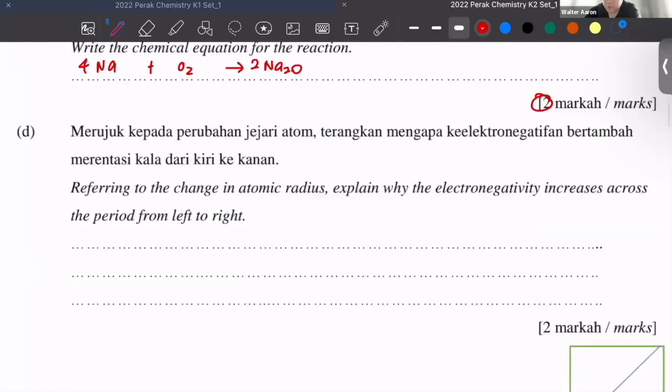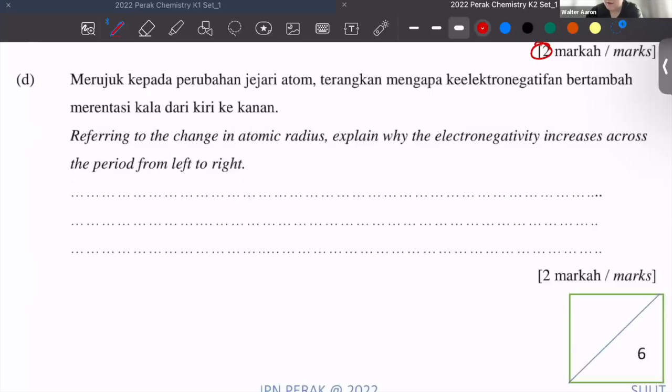All right, D, referring to the change in the atomic radius, explain why the electronegativity increases across the period from left to right. So it's referring to electronegativity. If we don't know what electronegativity means, it is the tendency of a particular element to accept electrons. Okay, so again, electronegativity is actually referring to the tendency of a particular element or an atom to accept electrons.